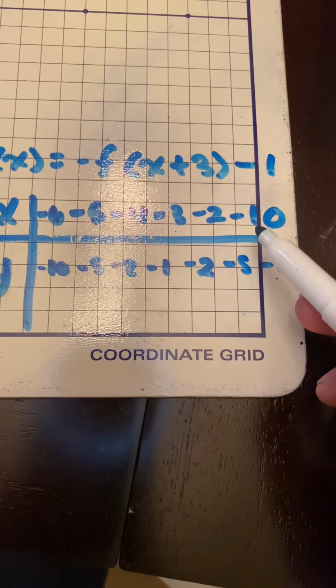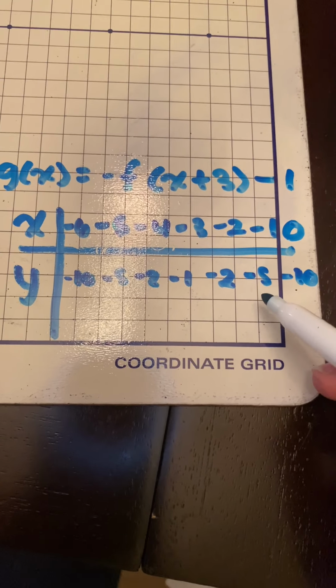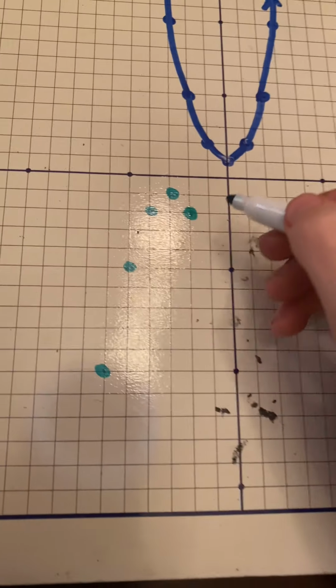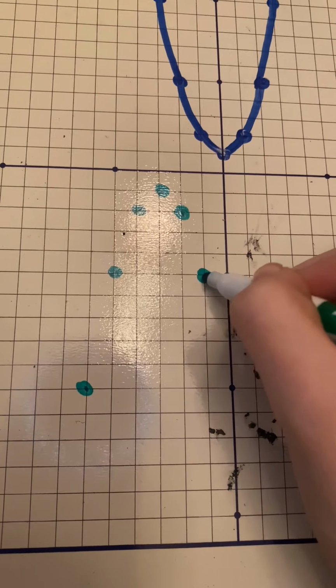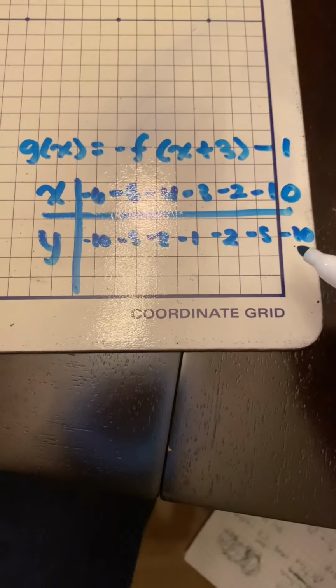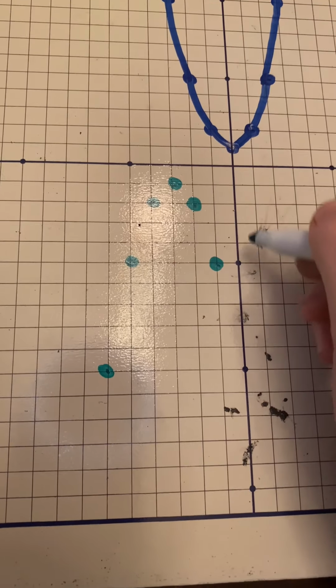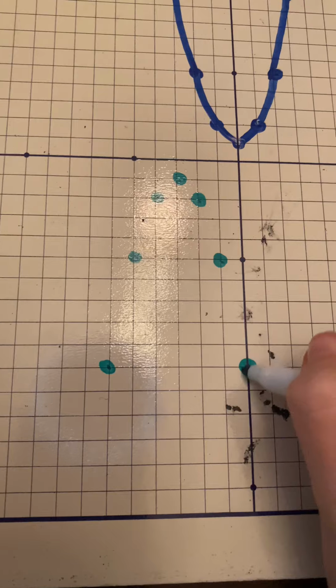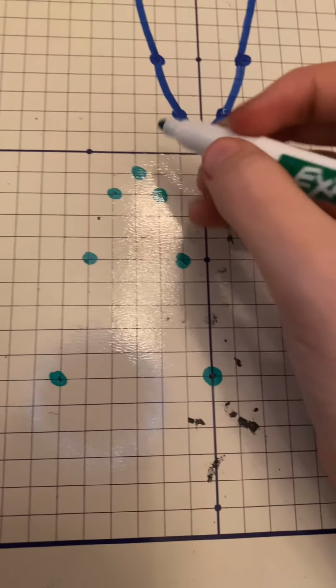When -1 is your x, -5 is your y, and when x equals 0, y equals -10. We go from 0 all the way down over here. So we can do the graph.